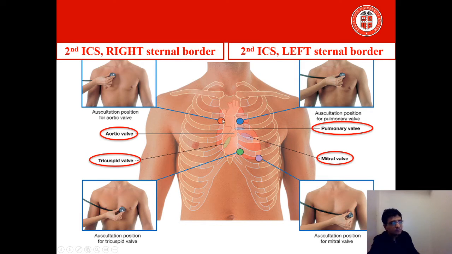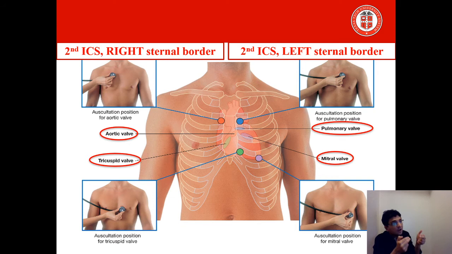You can see this orange circle, so that's the only one which is there on the right side, everything else is on the left side. So we start with A, the aortic, right side, second intercostal space. Second one, just opposite to it, pulmonic or pulmonary, second intercostal space again, but it's on the left sternal border. So we'll talk about the aortic and pulmonic first in the second intercostal space.